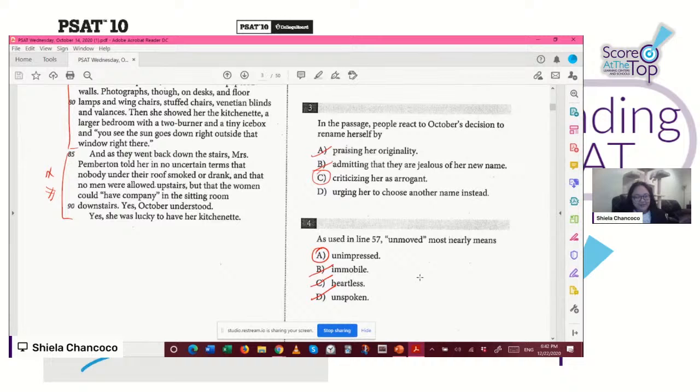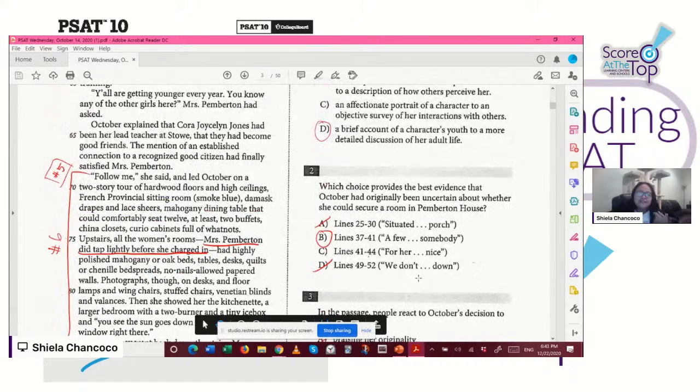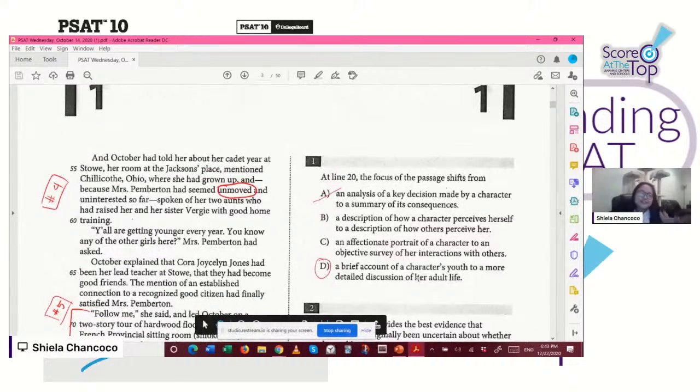But always make sure, like I said, to go back to the passage, because the word popular, I love this example, means one thing to you but in the passage can mean something else. In this case, the word is unmoved, right? So we go back to line 57. If you're thinking unmoved, are they talking about furniture? There are so many ways you can use unmoved, but here, I circled it.